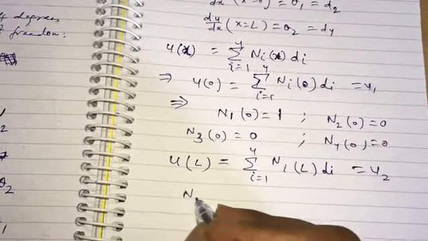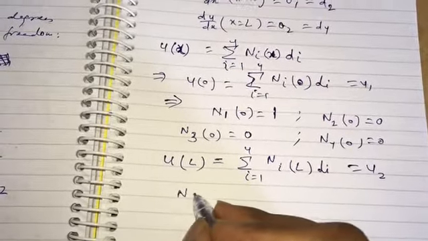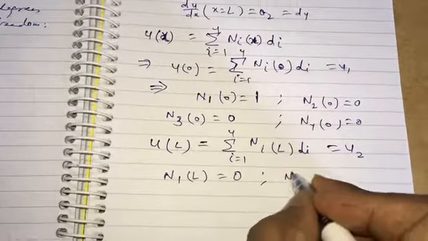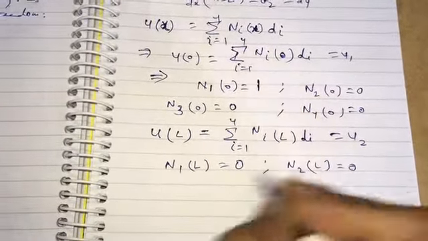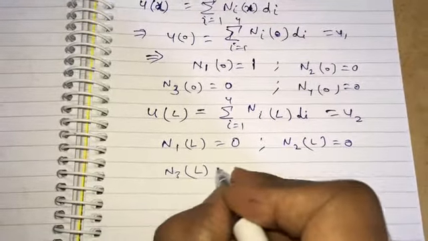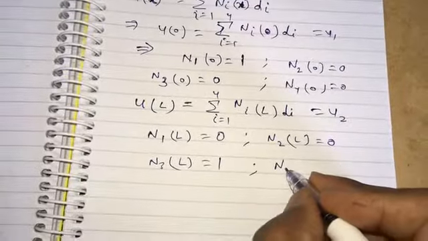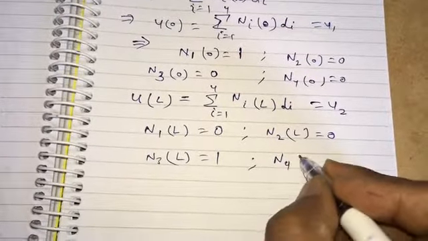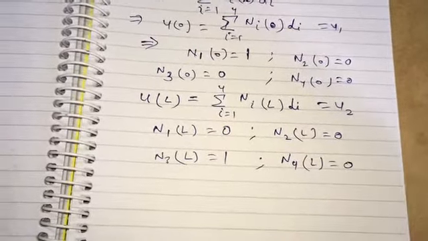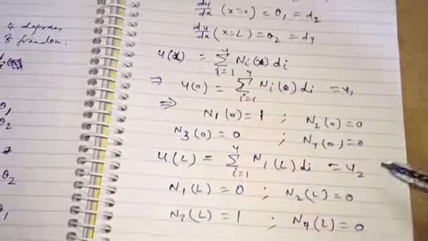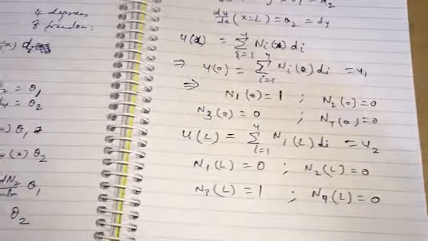That tells us that N1 at L is equal to 0, N2 at L equal to 0, N3 at L equal to 1, and N4 at L equal to 0. So this is the set of equations we have now.